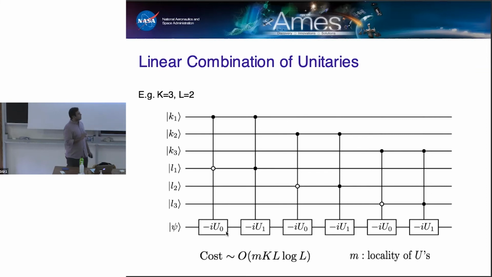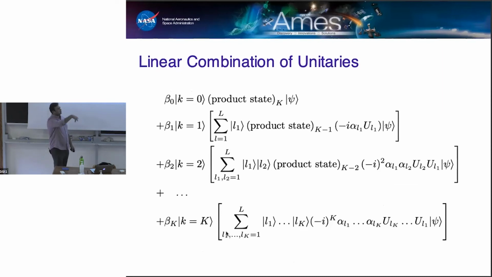Okay. So altogether, if you write it out and work it out carefully, it looks something like this. The nice thing about it is that even though I have a full k's worth of registers, I can actually mimic very closely the Taylor series expansion, because at any level of the expansion, whether it's the 0th, 1st, or 2nd, I'm basically entangling just as many registers, the L registers, as I need in order to realize these unitaries.